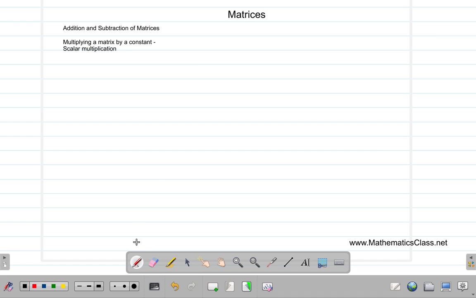Now here, let us add two matrices. We have a matrix here. The elements, I will use letters to represent numbers at first: A, B, C, D. Those are the elements in the first matrix.